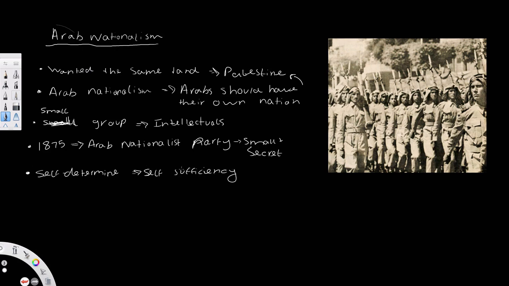We look a little bit more at self-determination when we get to Woodrow Wilson's 14 points after the First World War. But for now, this is really just the core belief of Arab nationalism, and also the core belief of both of them, Arab nationalism and Zionism on the other side.